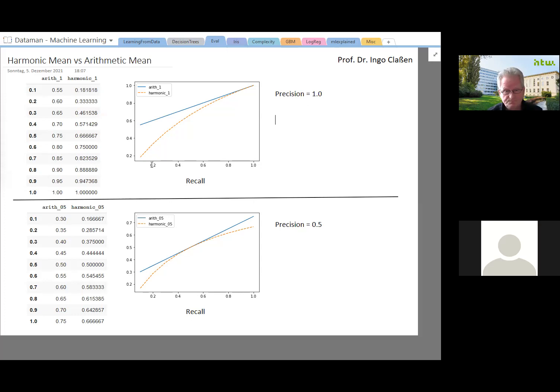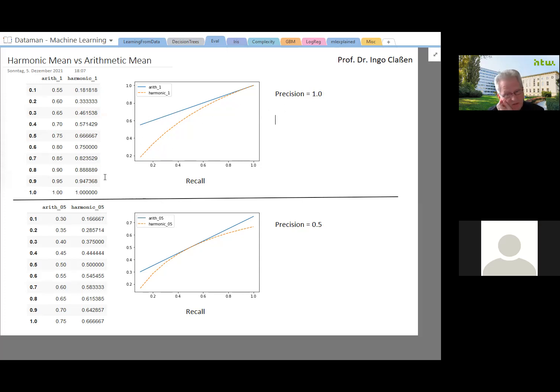Then our arithmetic mean, this blue line here, would give an F1 value of roughly 50% or so, even though the recall is only 20%. This would give us the impression that an F1 value of 50% would be quite okay, even though it actually is quite bad.